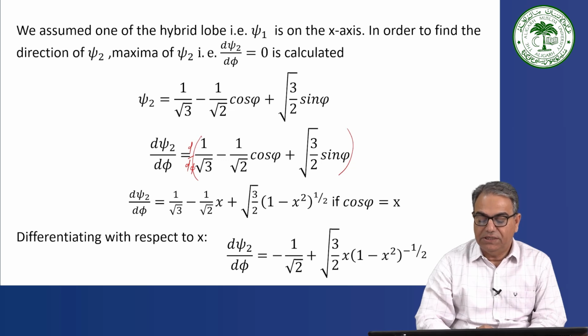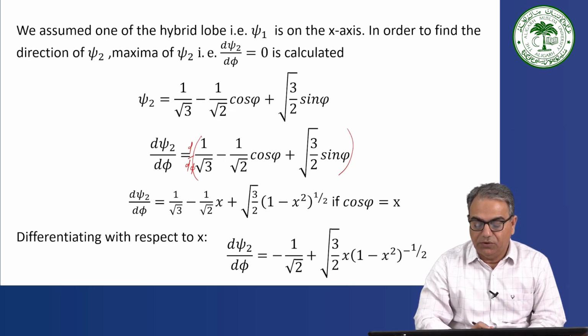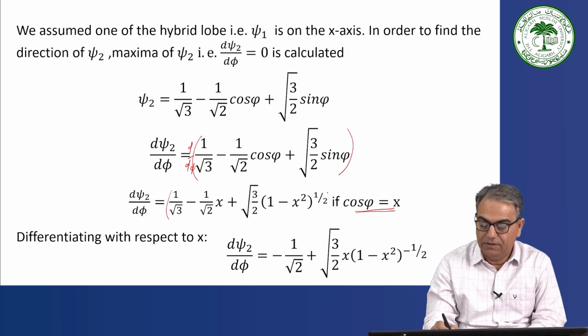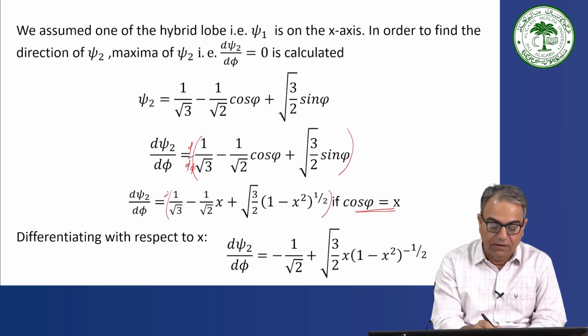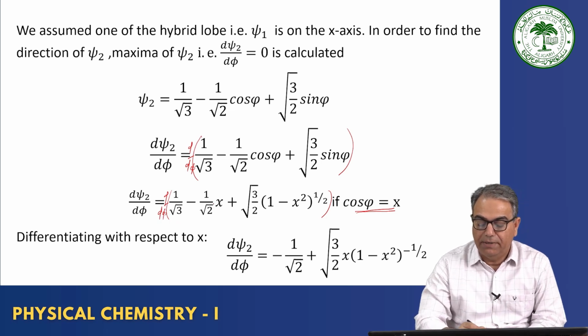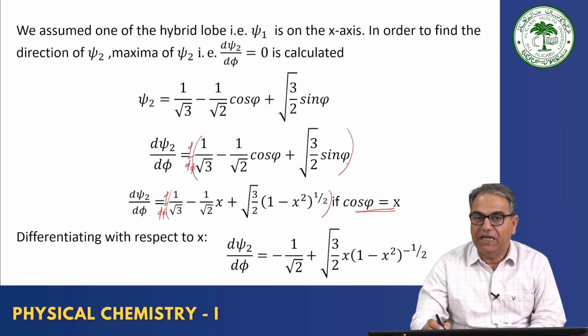So for differentiating, what you do is that you change this function as cos phi is equal to x. If cos phi is equal to x, this you can write as, again I should have written d by d phi, 1 by root 3 minus 1 by root 2 cos phi is equal to x plus root 3 by 2, and now you have sin phi.